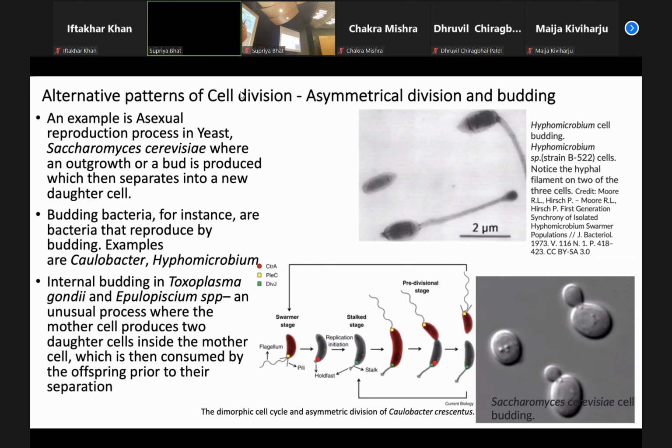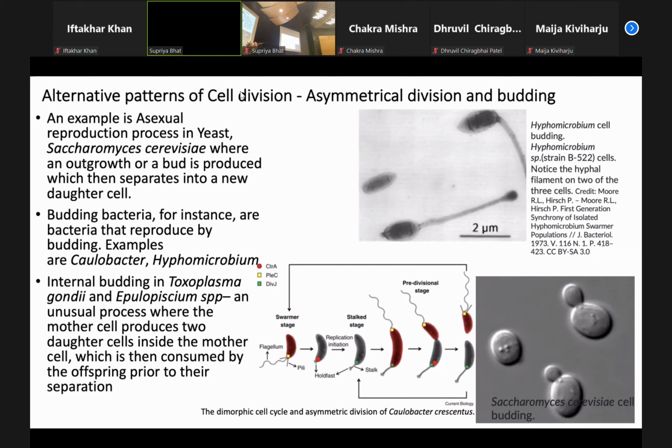When the cell is ready to divide, the nucleus gets divided, and at one point along the cell wall it becomes softened. Then the nucleus and part of the cytoplasm move towards the soft spot, which eventually turns into a bud, just like in the picture. The bud grows in size and eventually separates from the mother cell.